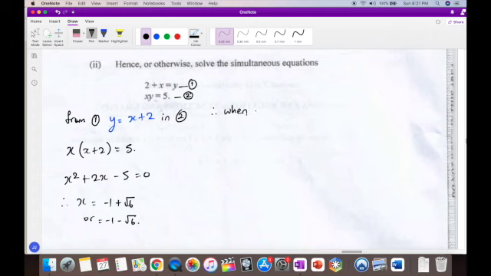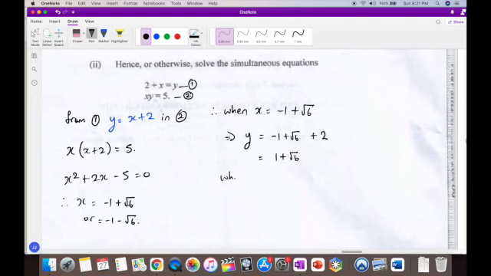when x equals -1 plus the root of 6 implies y is going to be equal to x, -1 plus the root of 6 plus 2. So y is going to be 2 minus 1 is 1 plus the root of 6, and I'll just leave it like that.